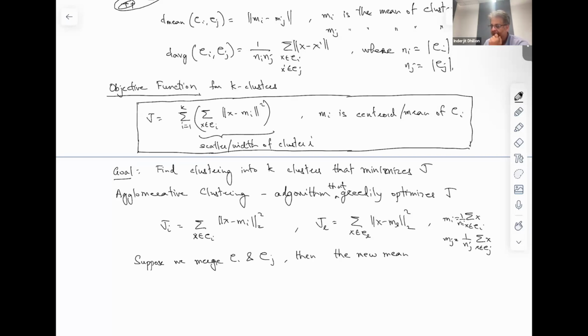Well, when I merge these clusters Ci and Cl, actually, not j.